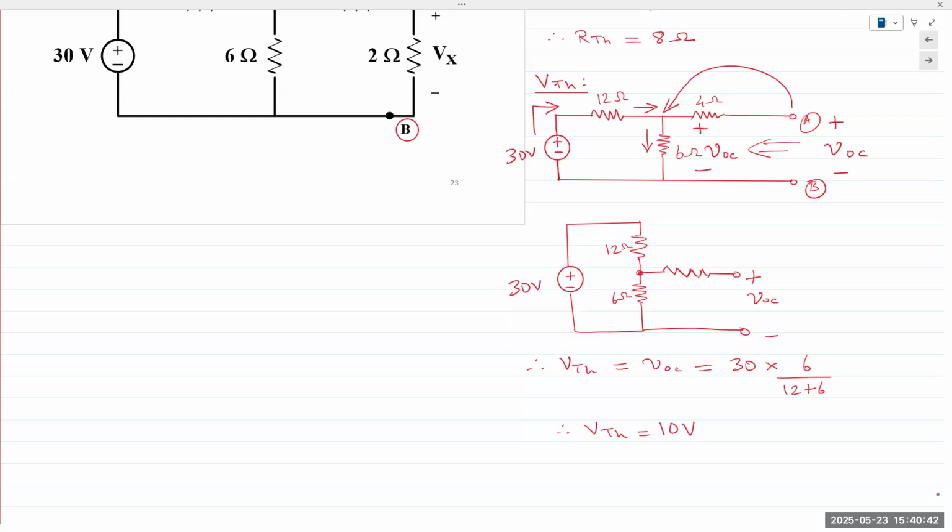So 30 volts divided in 3 equal parts, 2:1 drop. The series connection of resistors is in a ratio of 2:1. Okay.